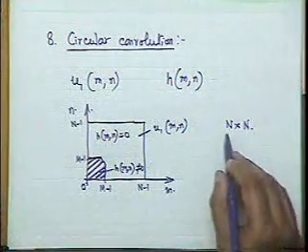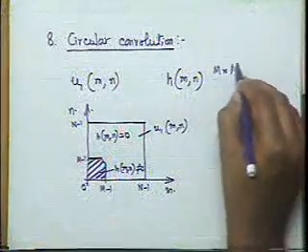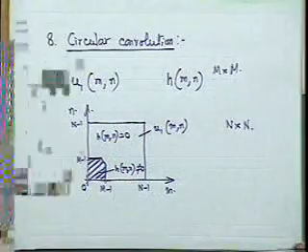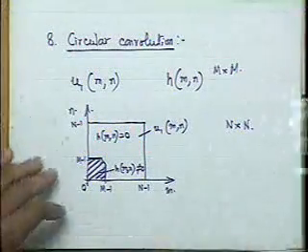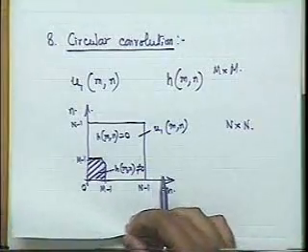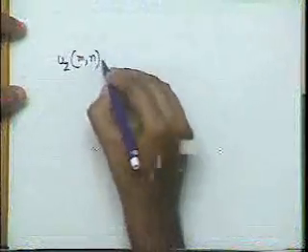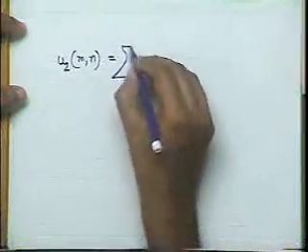And now I will give you the mathematical definition of this. The circular convolution as defined mathematically is like this. It results in another sequence given by u2 of mn, which is defined in terms of the two original sequences h of mn and u1 of mn like this.